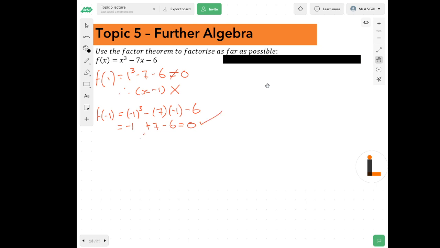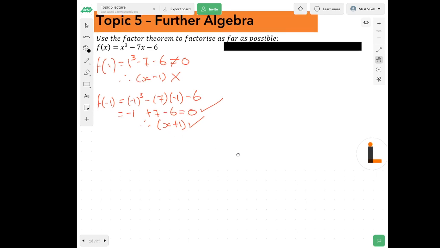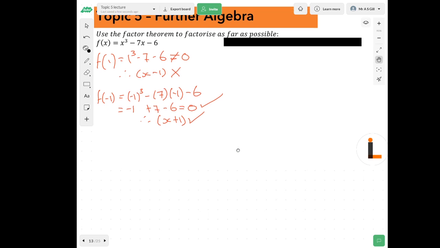So we can now say, well, therefore, x plus 1 is a factor. Because we've got this 0 answer here, we take the negative of what we plugged into our function and say, well, that is a factor of our original expression.